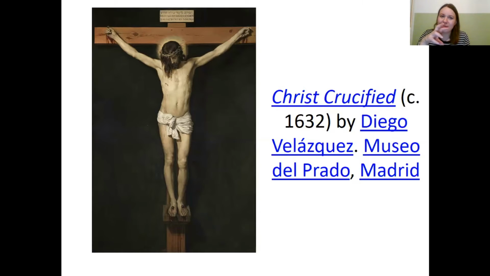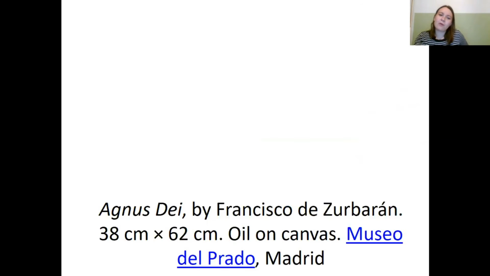But because this image is so famous around the world, perhaps it loses some of its value, perhaps, about what the crucifixion was. And that was a common form of execution by the Roman Empire. But we don't necessarily look at it in that way. We look at it as a symbol of sacrifice or salvation.